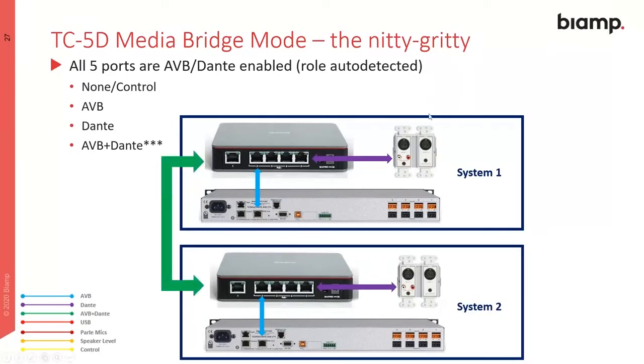So for example, system 1, the difference is that the first device is AVB traffic connected to port number 2, and we need to connect both of them. The system is smart enough to do the traffic as well between the two systems. So you can uplink Dante and AVB all together as one uplink between the TC5D, which is very nice.